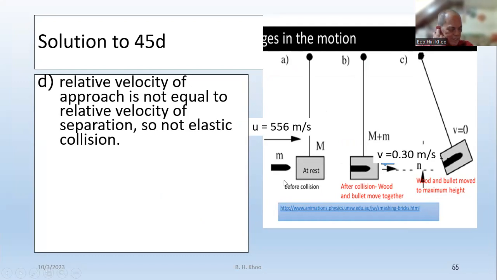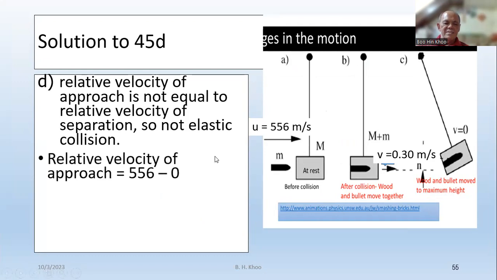You can use kinetic energy, but it takes more work to do all the calculation. It's better to use relative velocity: relative velocity of approach is not equal to relative velocity of separation, so not elastic. Relative velocity of approach: the block is stationary, the bullet is 550. So approach is 550 minus 0, 550.